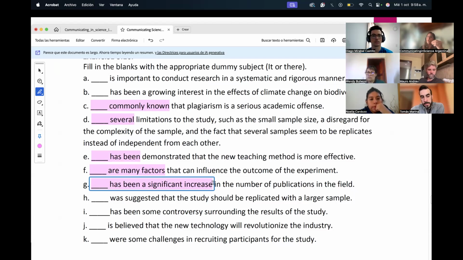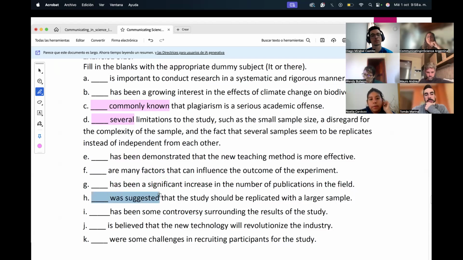Esto ha sido un incremento significante, from what we previously knew. But as this sentence is right now, I cannot use it. If I say "it has been a significant increase in the number of publications in the field", it sounds strange. It's better to say "there has been", ha habido.